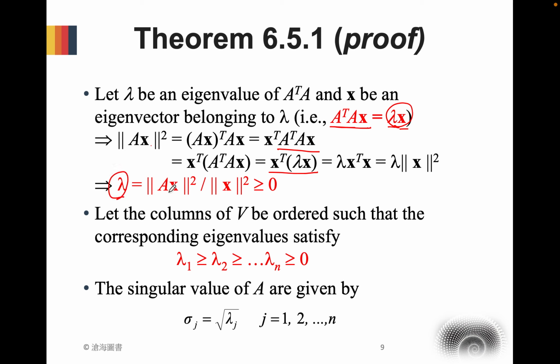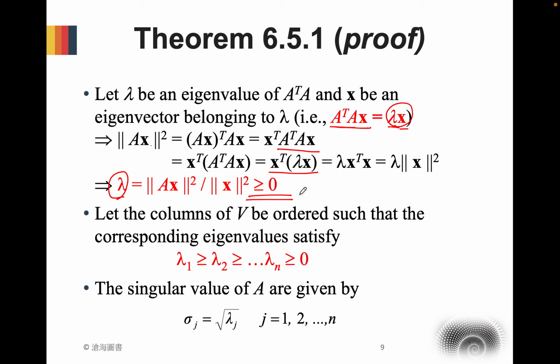Lambda is equal to the square of the norm of Ax divided by the square of the norm of x, which is larger or equal to 0. Okay, so this is the eigenvalue of A transpose A.